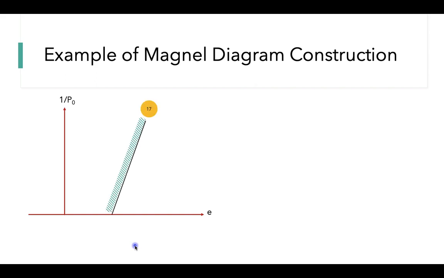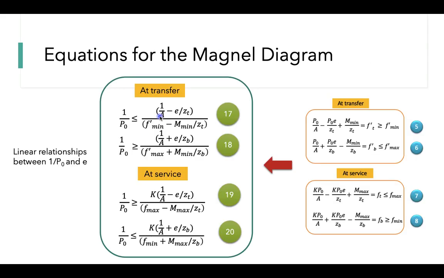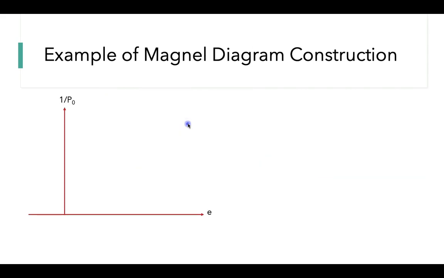We plot the first line, a linear line, from equation 17, and this is the shading. If we go back to the equation, we know that 1 over P naught is less than or equal to this expression. This is for equation 17, so we can shade the area, and this is the acceptable area for equation 17.